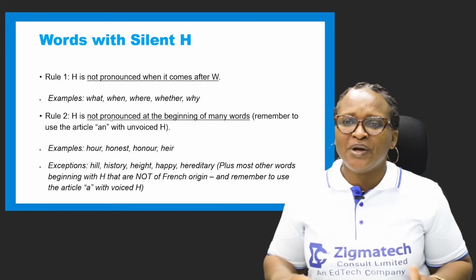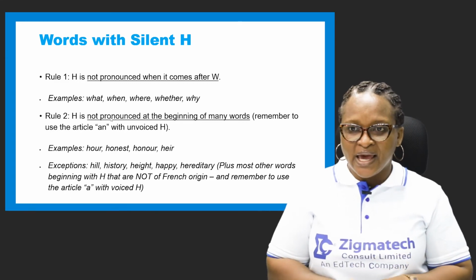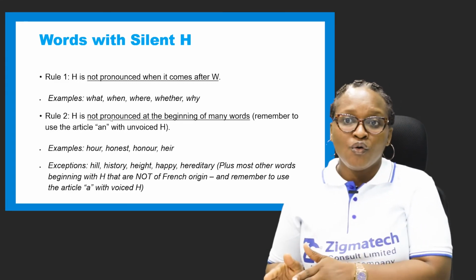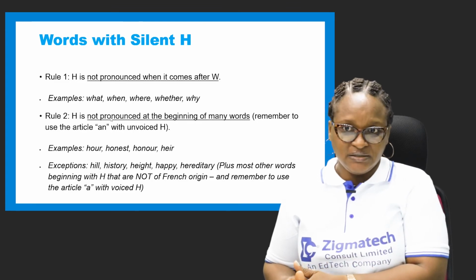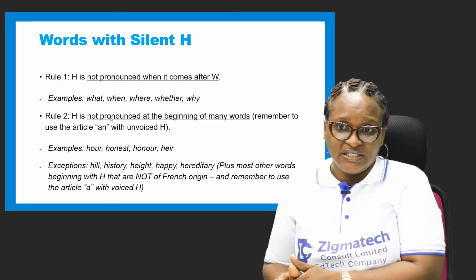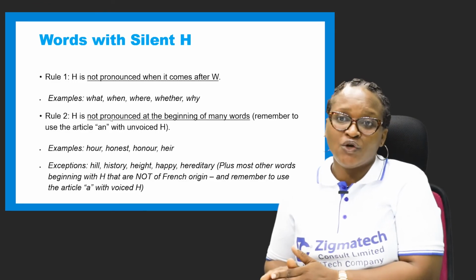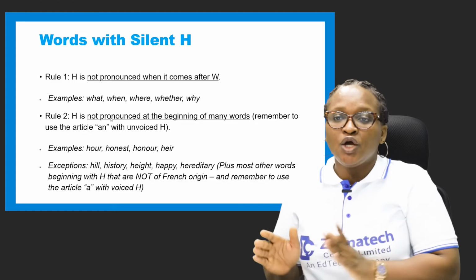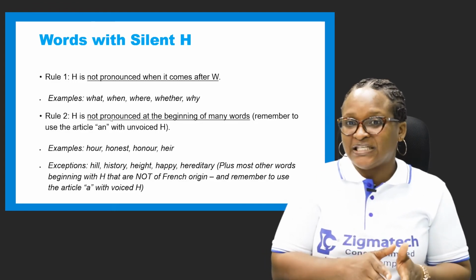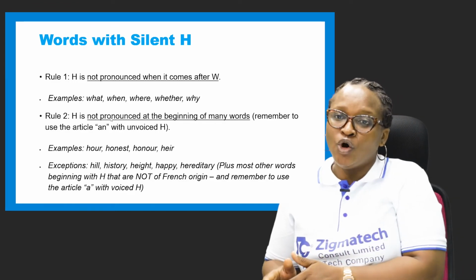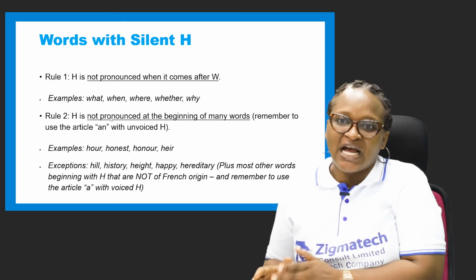Now, way back in school, we were made to understand that our article A is used for consonant letters. Yes. If you have a word starting with a consonant letter, use your article A. And when you have a word that starts with a vowel letter, use an.